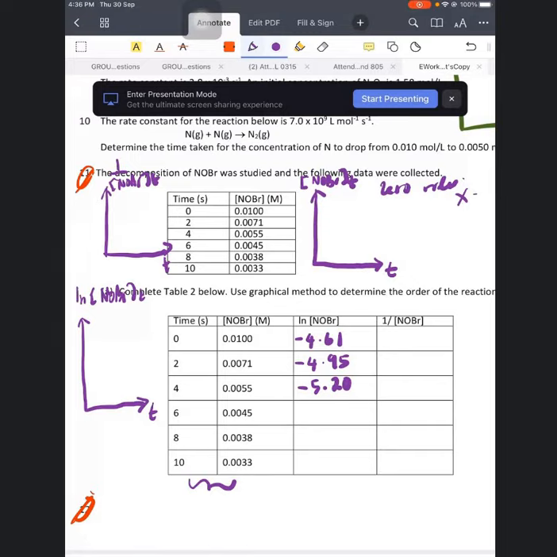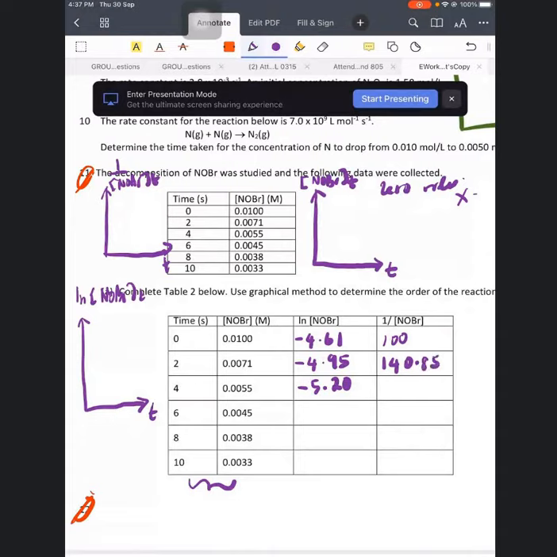So sama juga, you all kena ambil 1 bahagi dengan 0.01. Dapat berapa? 100. Okay. 1 bahagi 0.0071, 140.85. Okay, 0.85 boleh.